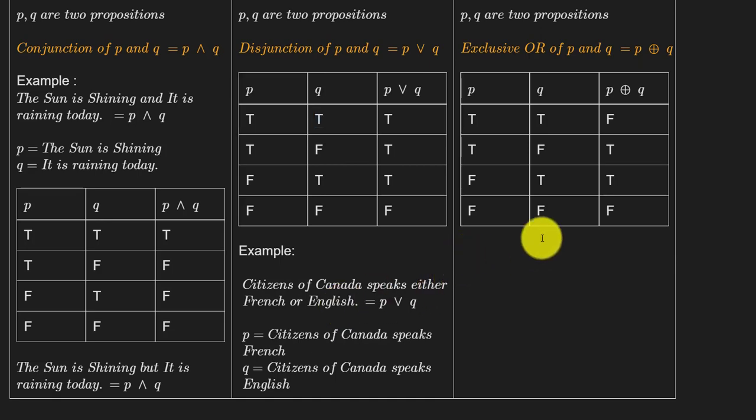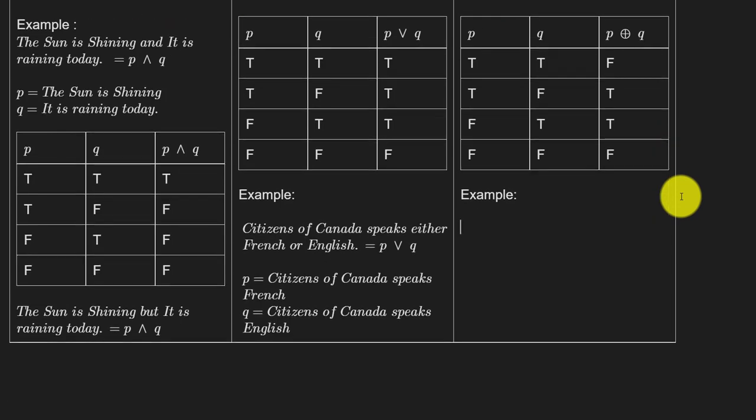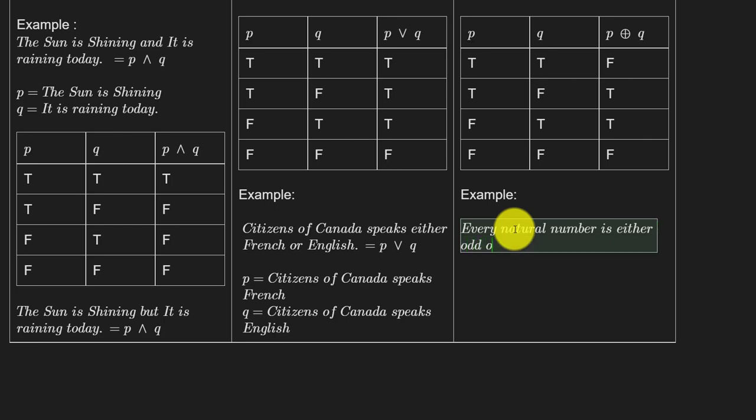Now let's talk about a case for exclusive OR. For example, if I have a sentence like this one: every natural number is either odd or even.